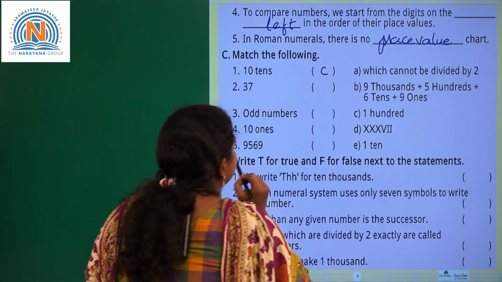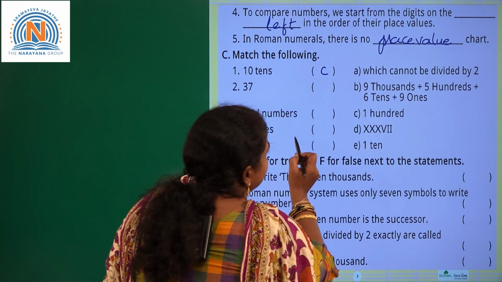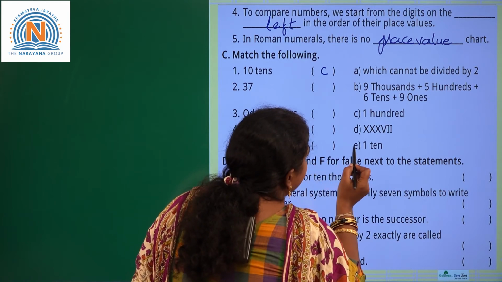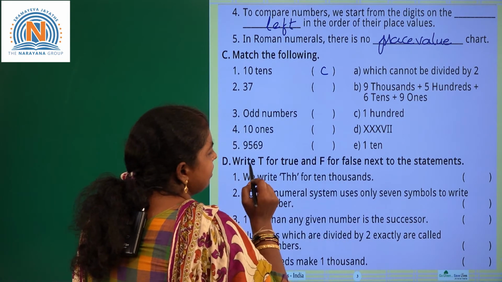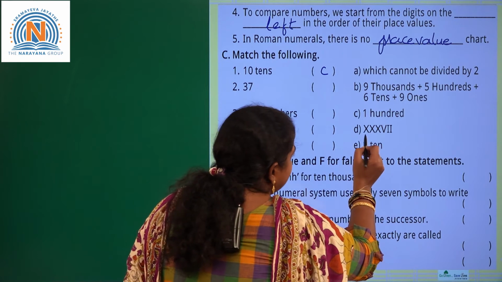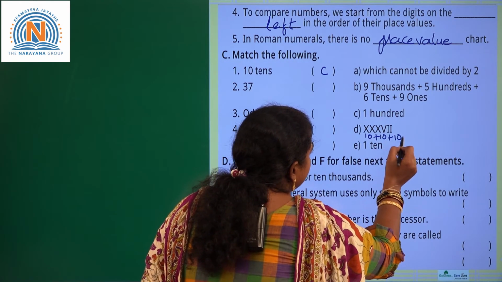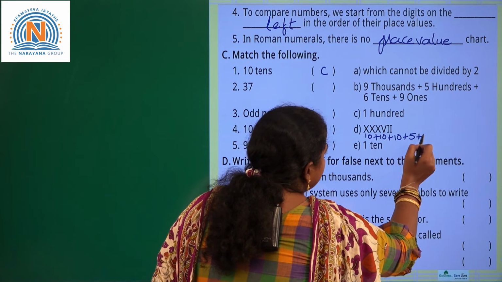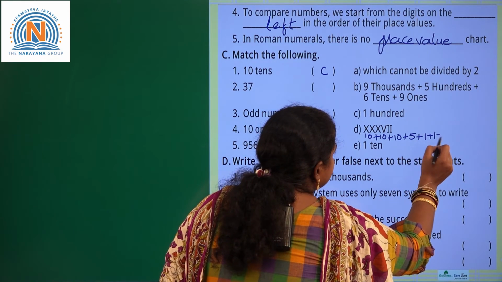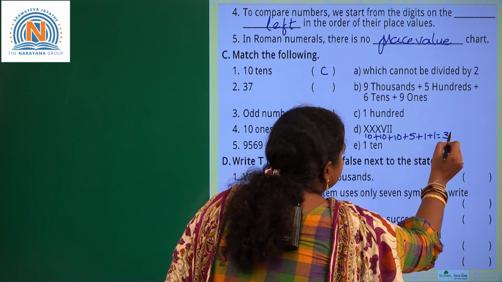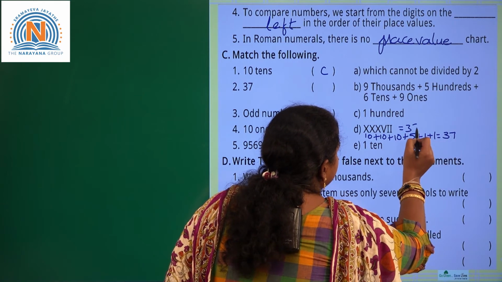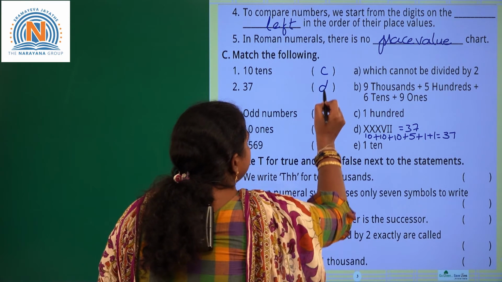So choose option C here. 37. How will you write 37 in Roman numerals? Triple X means 10 plus 10 plus 10 plus 5 plus 1 plus 1 is equal to 37. So, you can choose option D here.